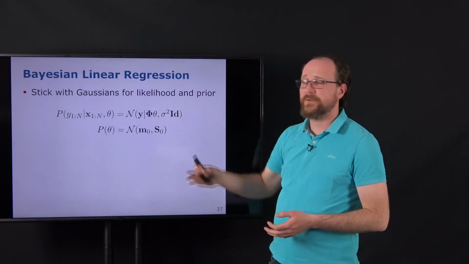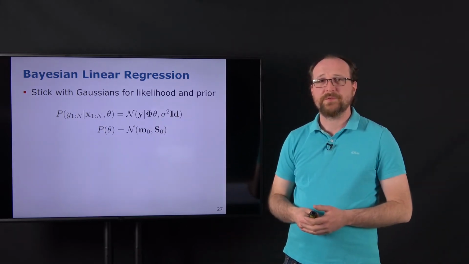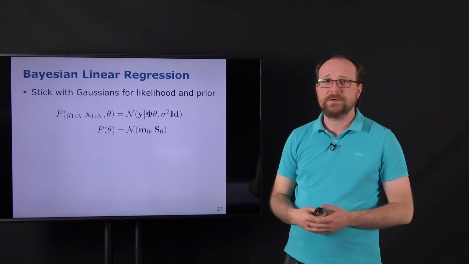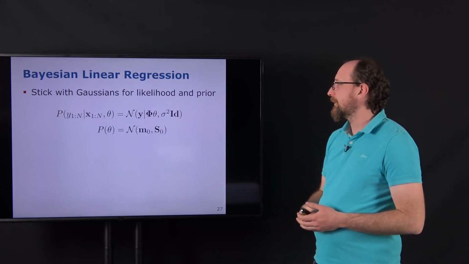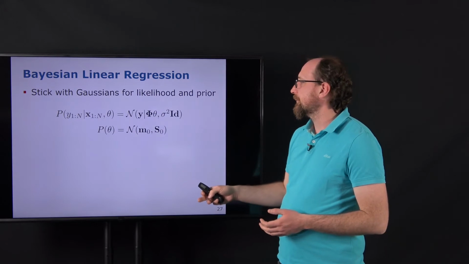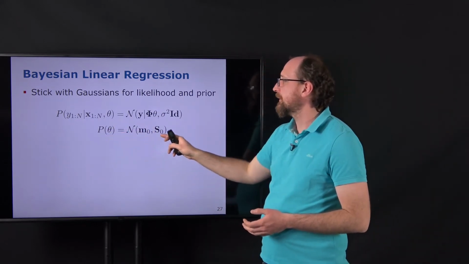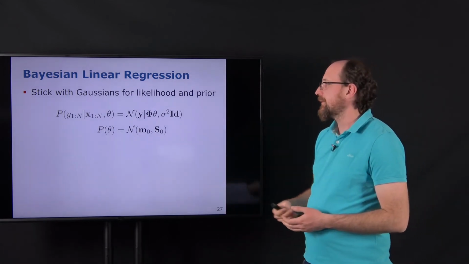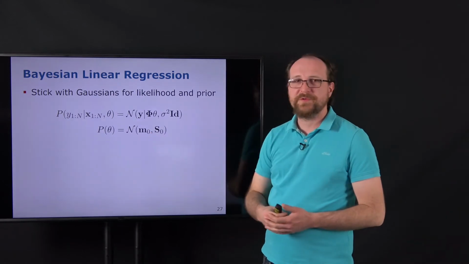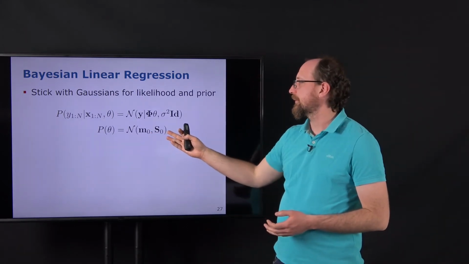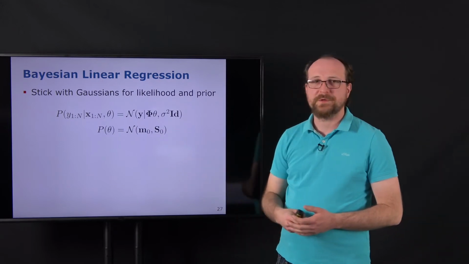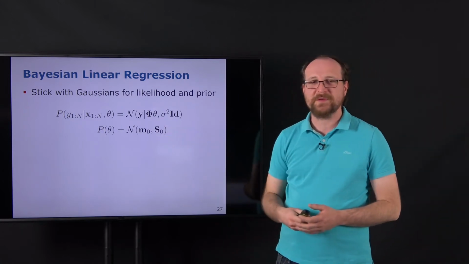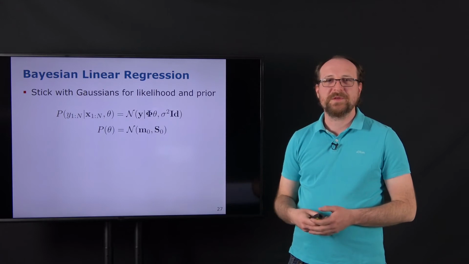You remember phi was the design matrix with the transformed feature vectors. And here, this is the special part, we have an isotropic covariance. Then we have the prior, and just to make the notation a little clearer, we use for the prior some mean m0 and the covariance S0. I kept these terms to make it consistent with Mathematics for Machine Learning.